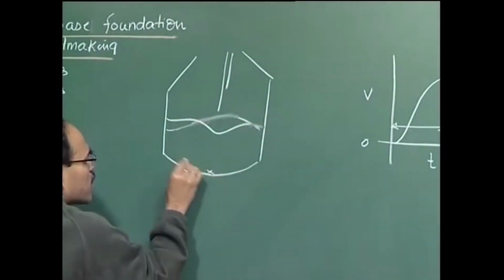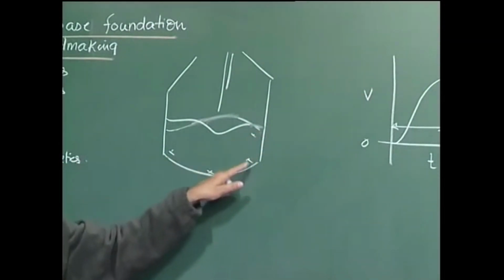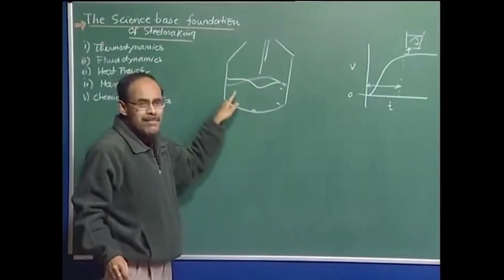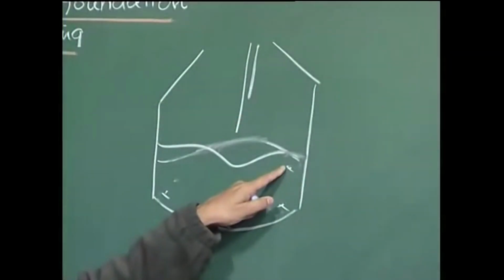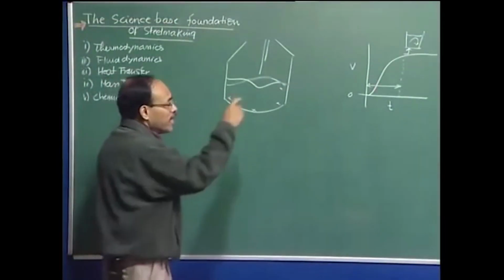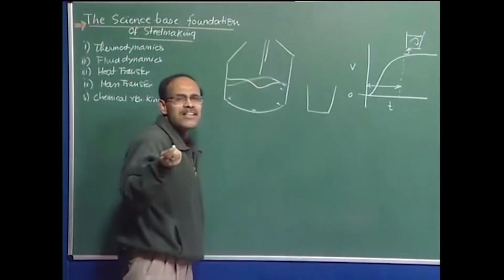So, there is expected to be some gradient in temperature, and this difference in temperature will depend on how good the stirring is. This difference in temperature will be minimum if the stirring in the bath is very, very good. It could be pronounced if the stirring in the bulk of the metal is not the same. Take a ladle which is being held, with no gas injection, nothing like that.